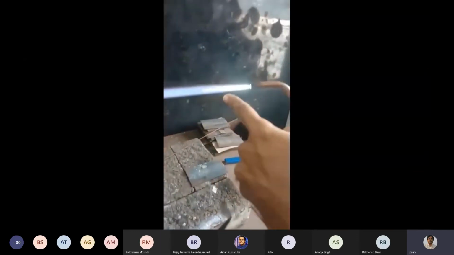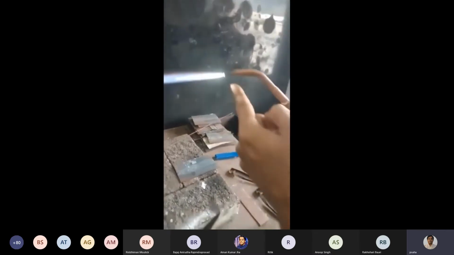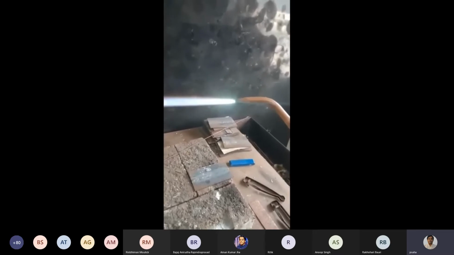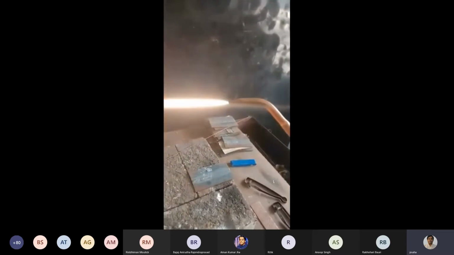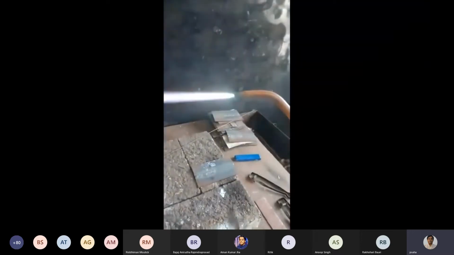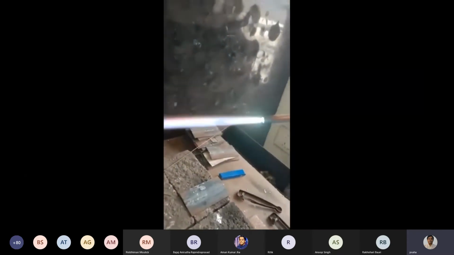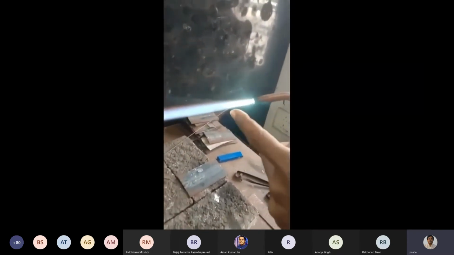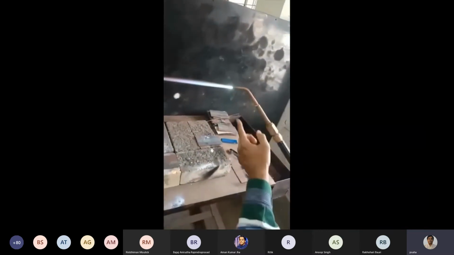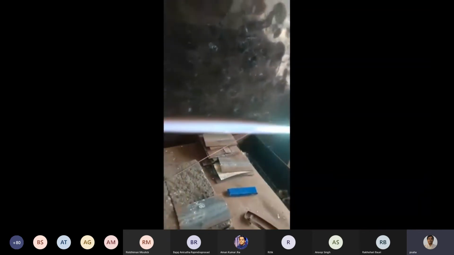One is the outer envelope, the middle one is called the acetylene feather, and the inner one, which is nearer to the cone, is called the inner cone. The three layers are visible, and more temperature is developed at the inner cone.